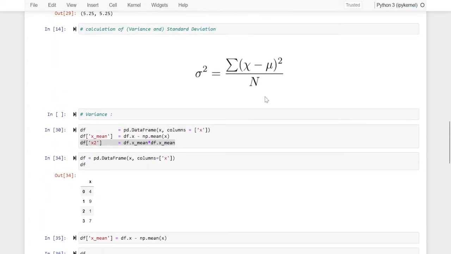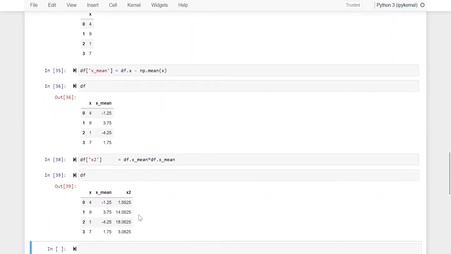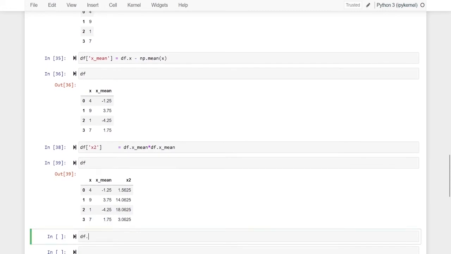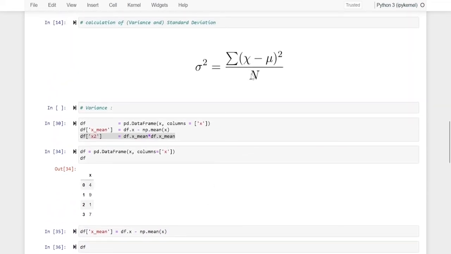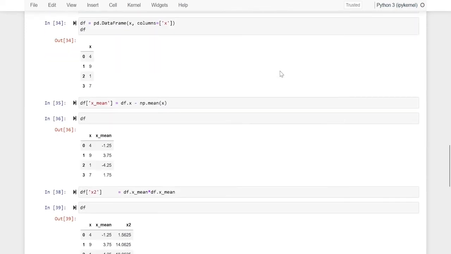So we have taken care of these. Now we have to sum, what we have to sum? We will sum df x2. Okay, we have done that. So numerator part is over. Divide by n, that is number of numbers. So what we will do?